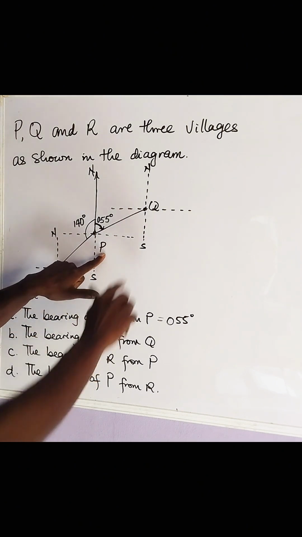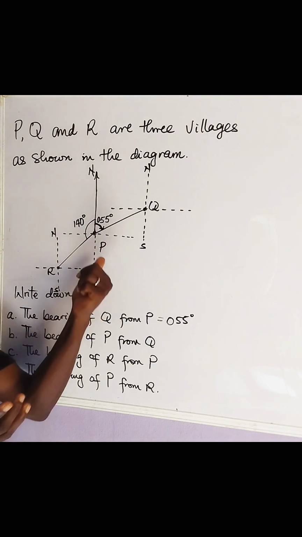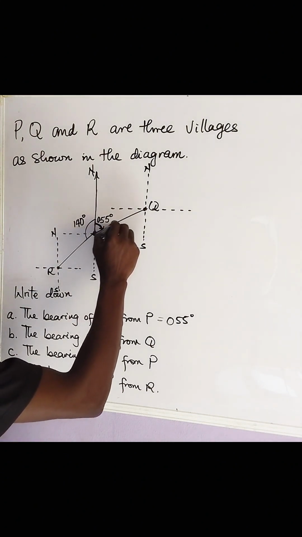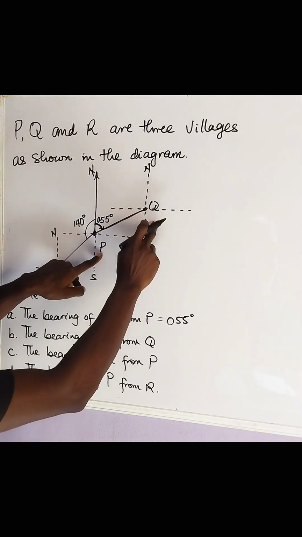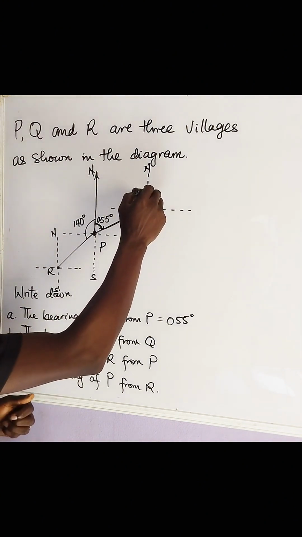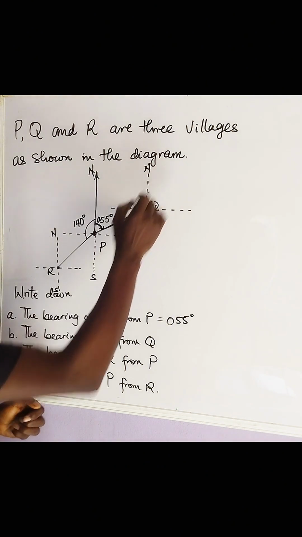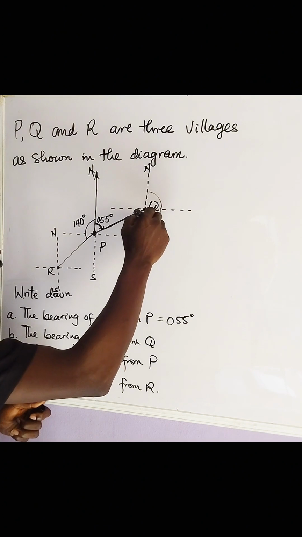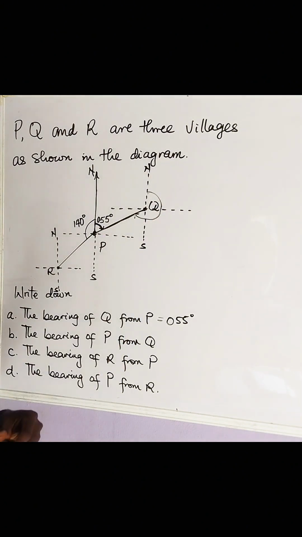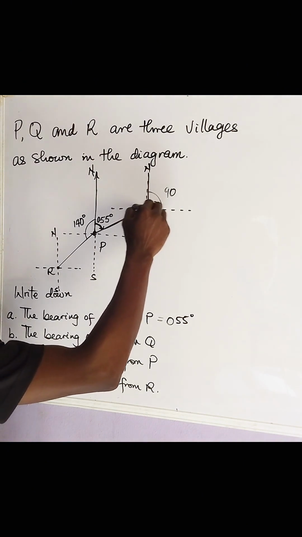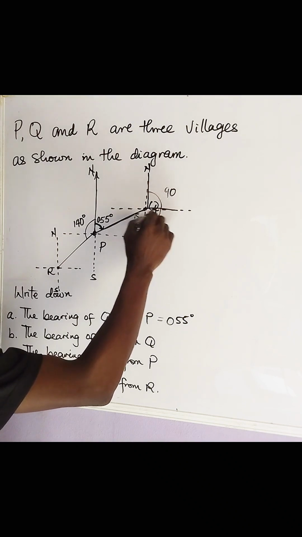So this is P here, and this is the reference point Q from which we are calculating the angular distance of P. This is the line that intercepts, so this is P from Q. So we need to look at the angle that P formed from Q. We take our angle from the north of Q and draw it clockwise down through to the line from P. We know that from our cardinal point here is 90, because this line forms 90 degrees, another 90 degrees is here.